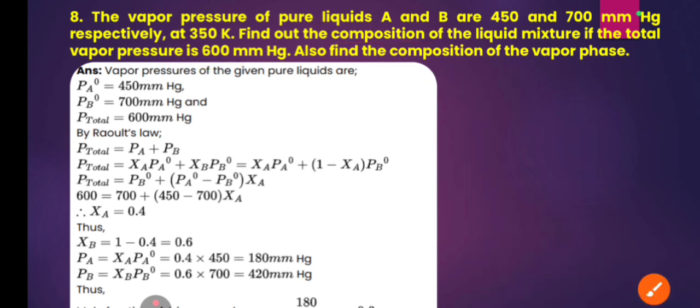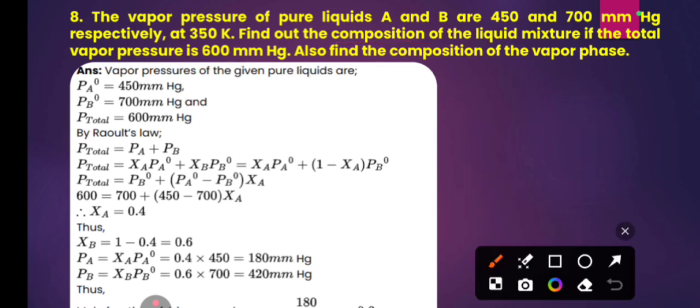Before doing this numerical you should know the formula for calculating the vapor pressure, and that is according to Raoult's law. The Raoult's law formula is given here: P total is equal to PA plus PB. What are PA and PB here? They are the partial vapor pressure of A and the partial vapor pressure of B. How can you solve the partial vapor pressure?